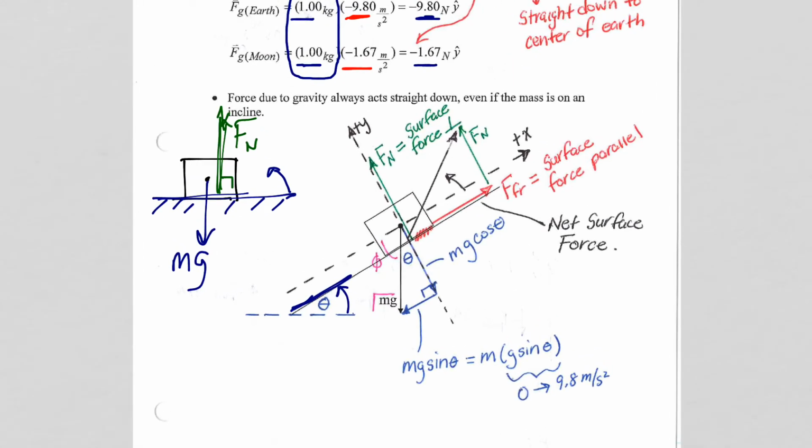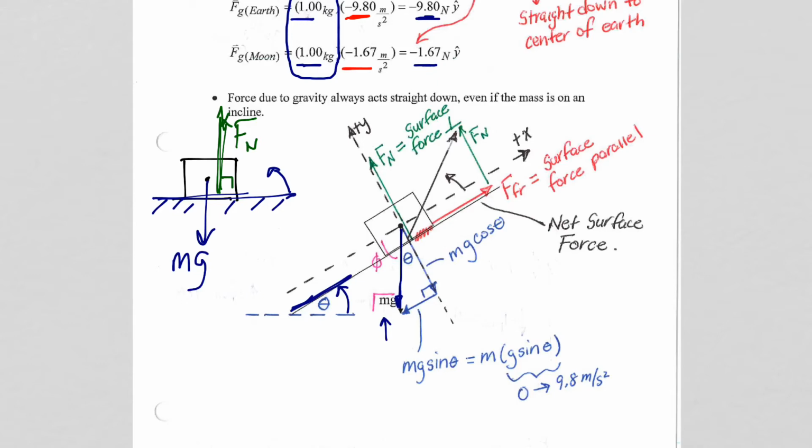Gravity points straight down to the center of the Earth, regardless of what is going on in the problem, whether it's in free fall, whether it's on a flat surface, whether it's on an inclined surface. mg is straight down. All right, well, you can see here that we have a little bit of work to do, things to change when objects are on an inclined surface.